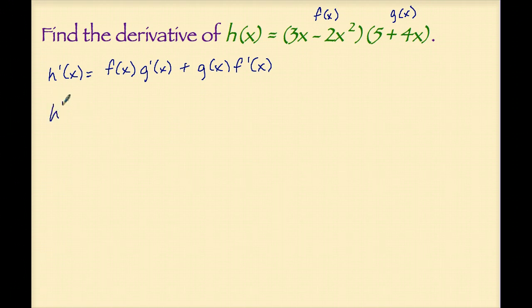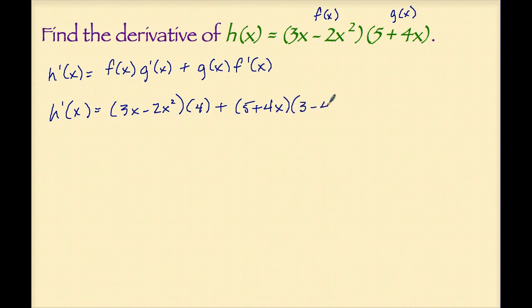So we start with f of x, which is 3x minus 2x squared, no change made to the first function, times the derivative of g of x, which is just 4, plus the second function, 5 plus 4x, times the derivative of the first, which is 3 minus 4x. Now we should do some distributing and foiling and clean this up a little bit. We're going to have h prime of x is equal to 12x minus 8x squared.